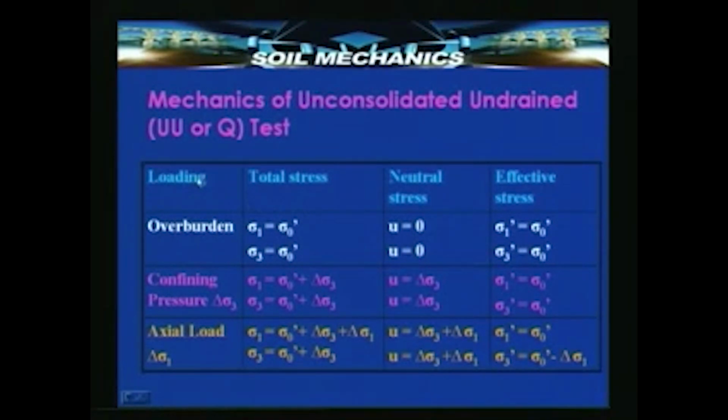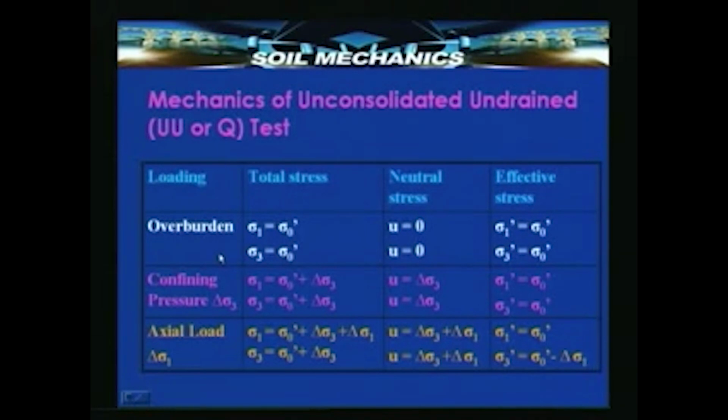Let us take the loading column and the stress columns. Under the loading column, although we are applying a confining pressure and an axial load, in this case, as you will be seeing during the course of the discussion, we need to add another loading which is due to the initial overburden.